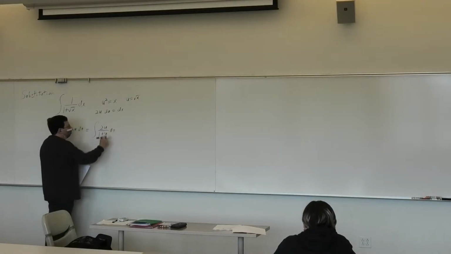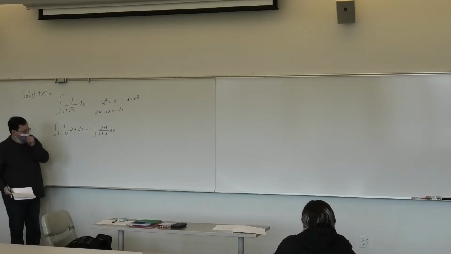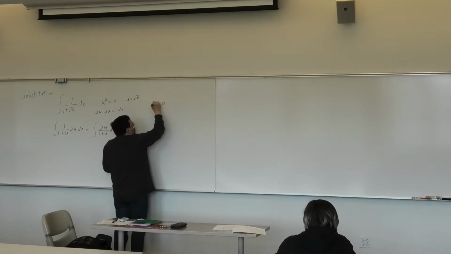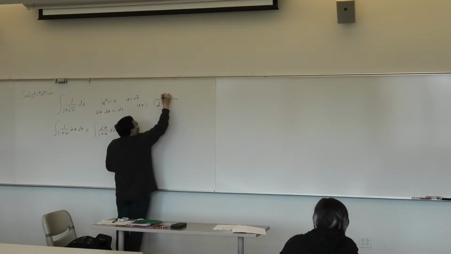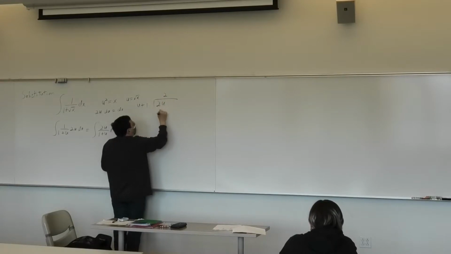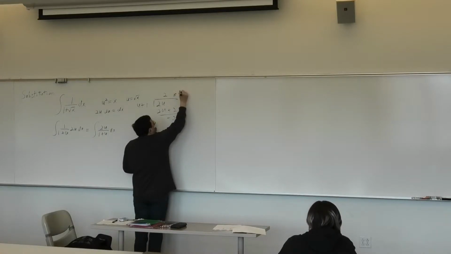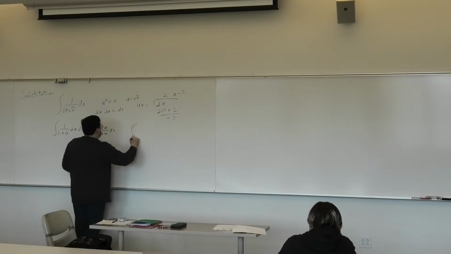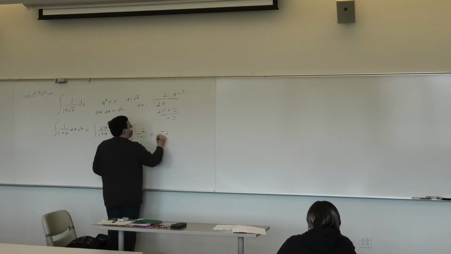We take this rational expression and we divide out. So dividing 2u by u plus 1, okay, that's 2. 2u plus 2 minus 2, so the remainder is minus 2. So this becomes the integral of 2 plus minus 2 over 1 plus u.